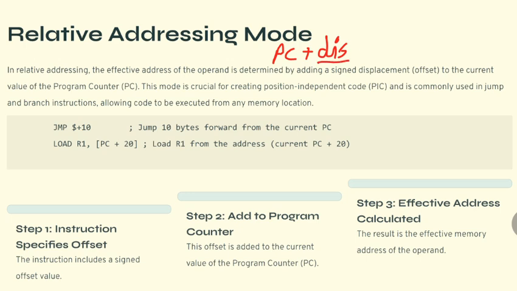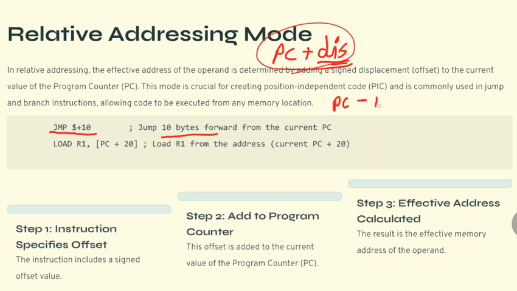Whatever location you get, that number is the address, and at that address you get the data. Suppose this is jump $+10, that means from the current PC value, it will jump 10 bytes forward.